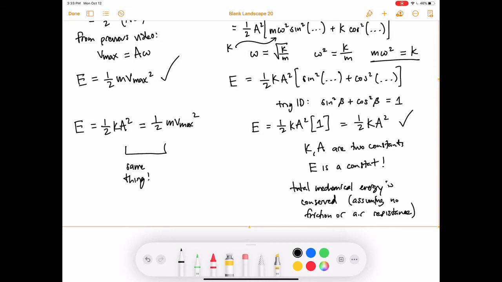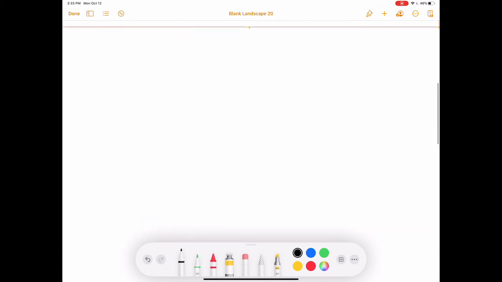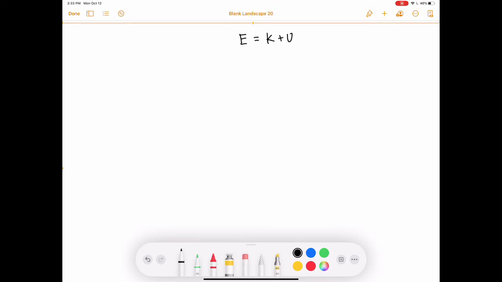Okay, now just as a bonus, I'm going to take this one step further for you guys. So E is equal to, again, K plus U. And we can write this as 1/2 m times v_x squared plus 1/2 times k x squared.